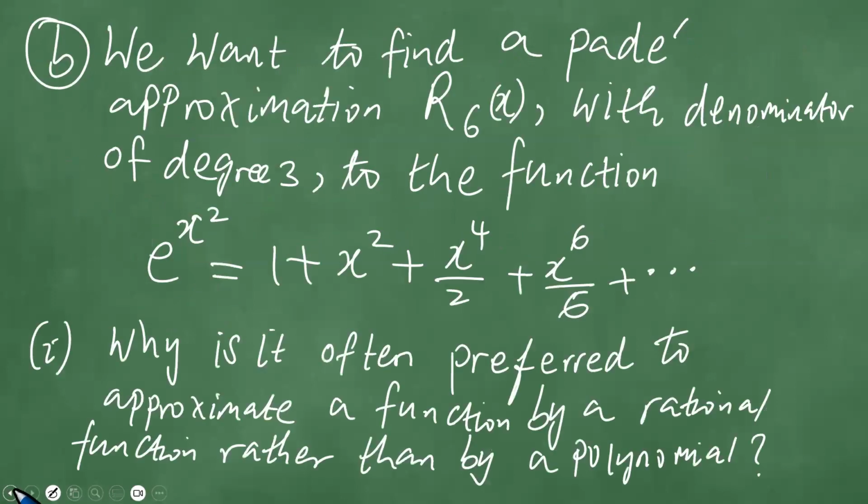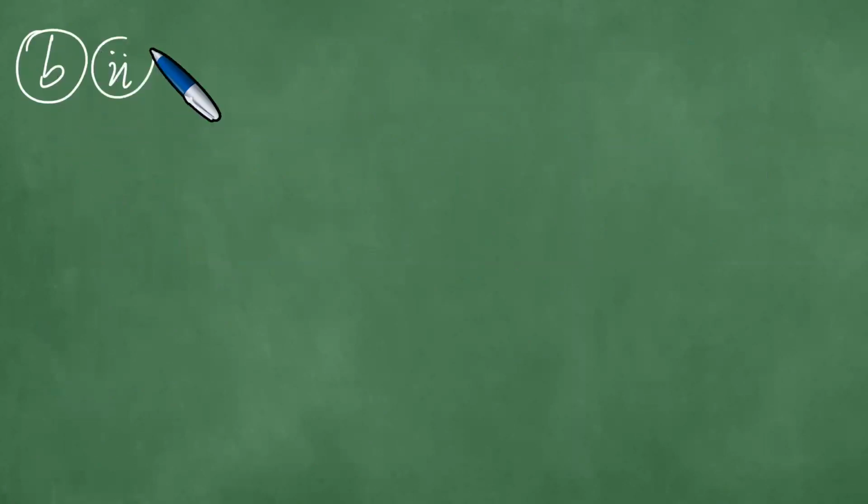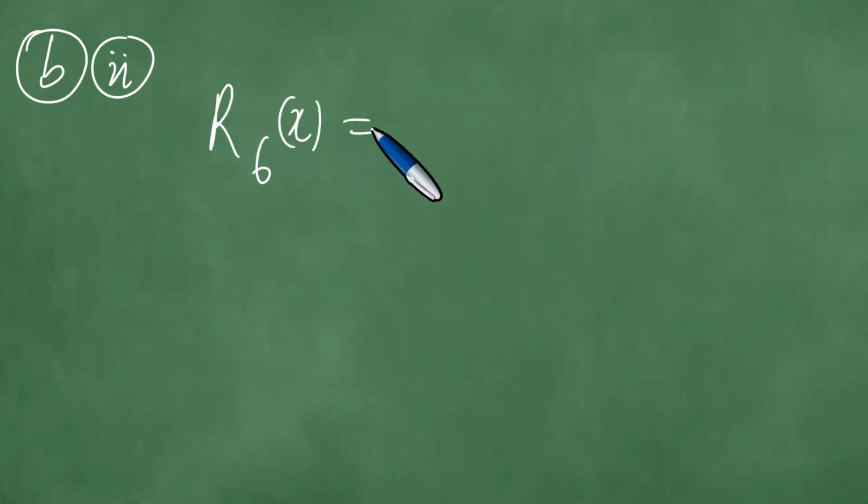But obviously writing the general thing with the understanding that the denominator is of degree 3. So the denominator is of third degree in B, so that R6 of X can be seen as, we always put a 1 here, so that the denominator is never 0.